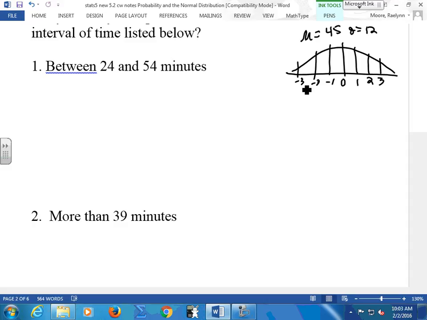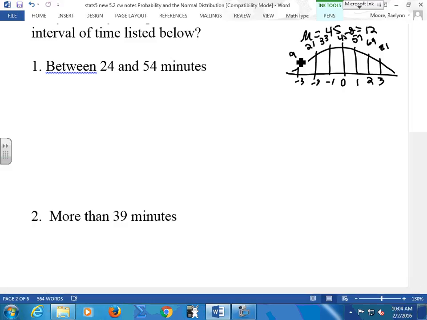Absolutely. So I put my mean up here, and I add 12 all the way up. And then I subtract 12. Keep it going, right and left. Okay, did I get it right?